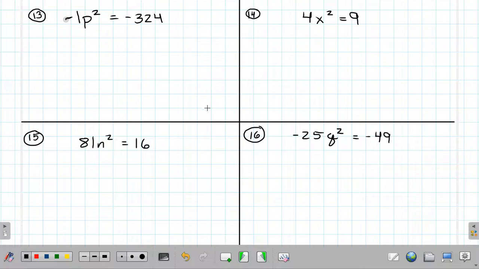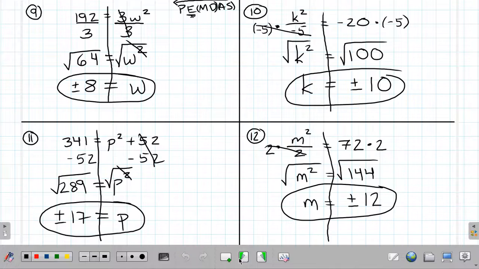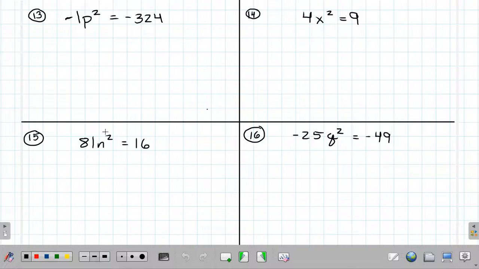If you compare that to number 9, we have -1 times p squared, which looks very similar to 3 times w squared. What did we do there? We divided by 3. So we're going to divide here by -1. But if we do it to one side, we have to do it to the other.